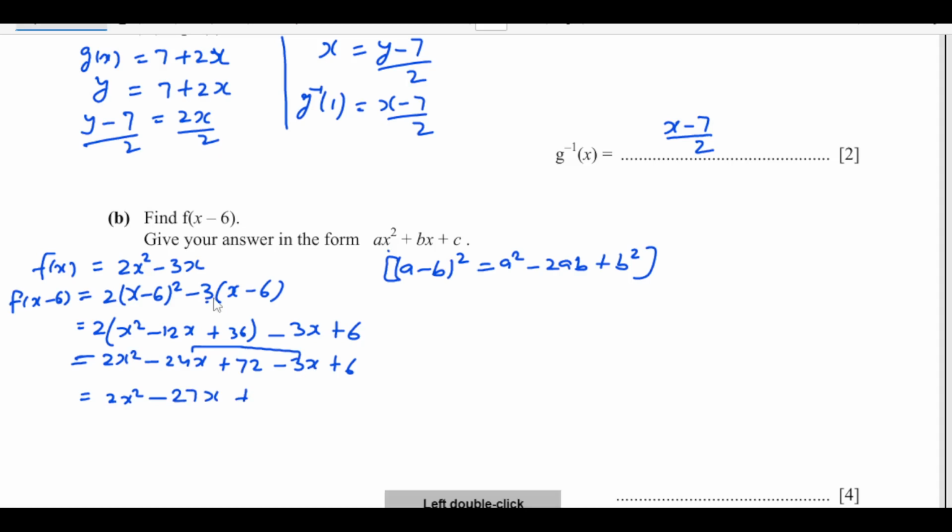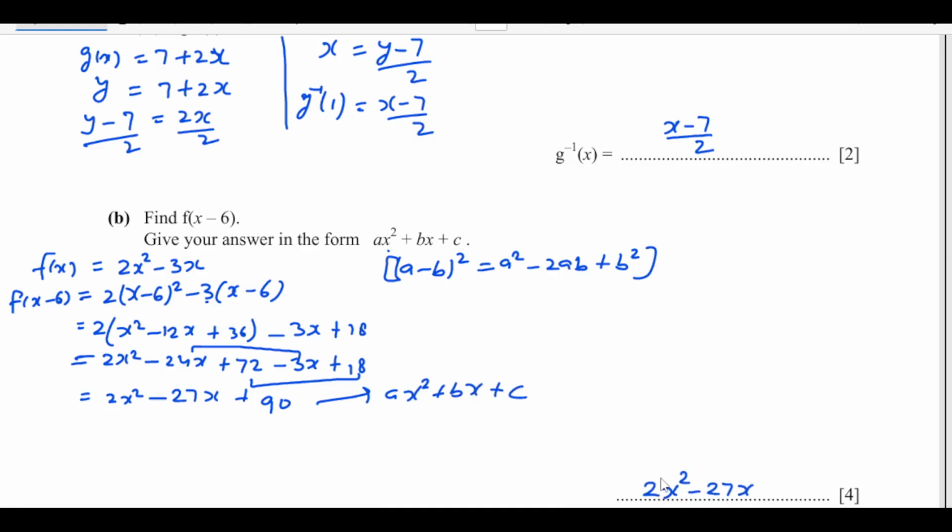I missed this one earlier, it's not 6, this is going to be 18. So 24 minus 3, both are negative, 27x. And 72 plus 18 is 90. So we got the answer in the form ax squared plus bx plus c: 2x squared minus 27x plus 90.